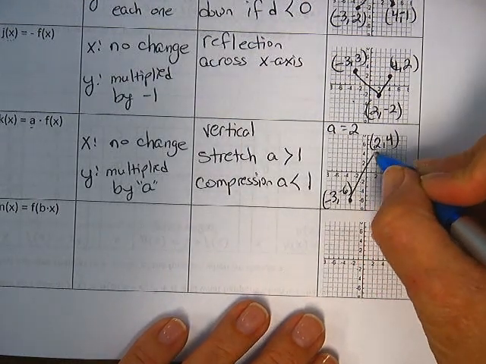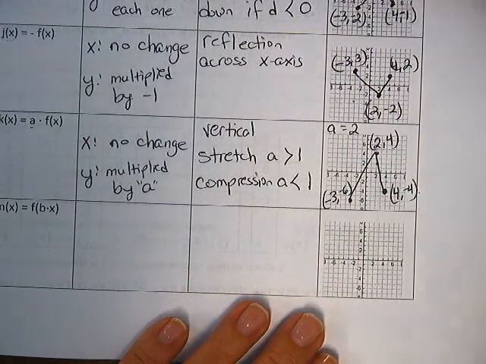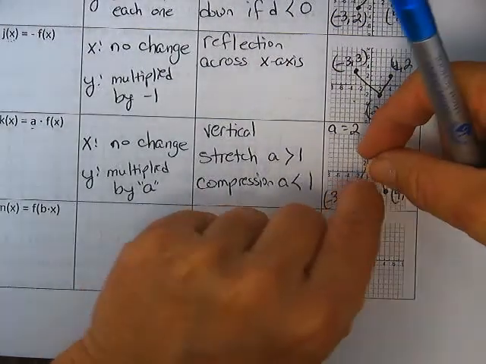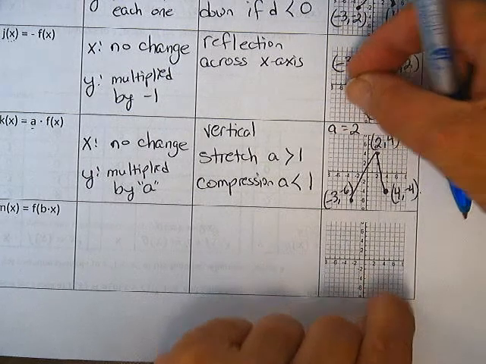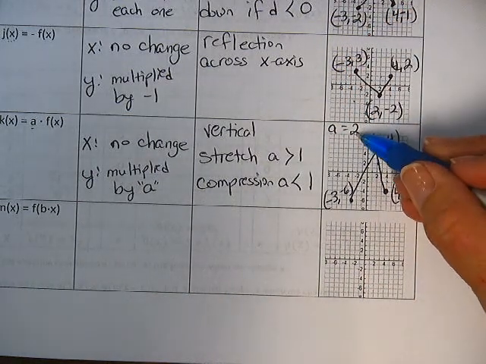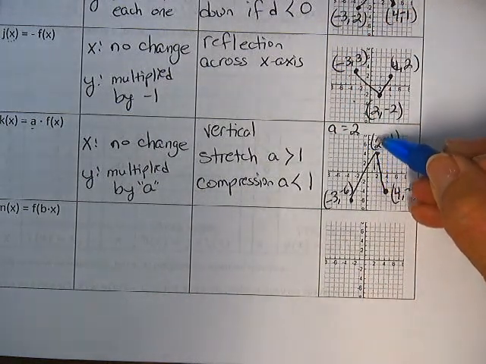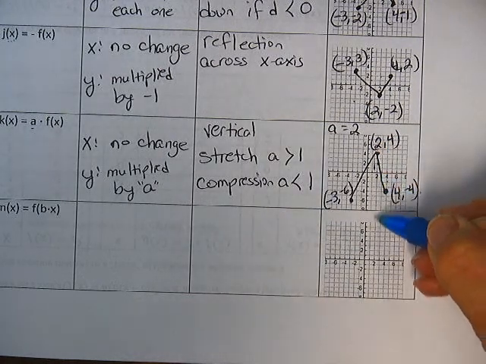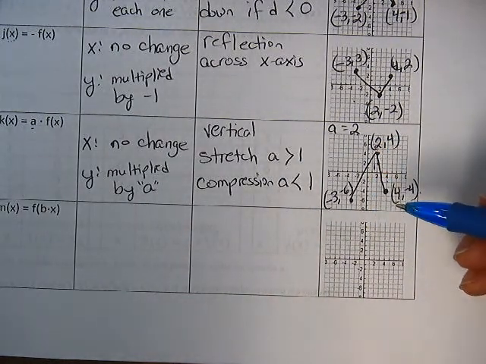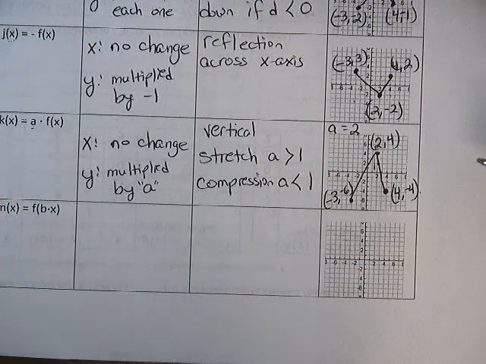So connect these guys, and you can see that we've pulled these pieces away from the x-axis by a factor of a. So it's stretched the points up and stretched the points downwards. And again, our x values stay the same, only the y's changed.